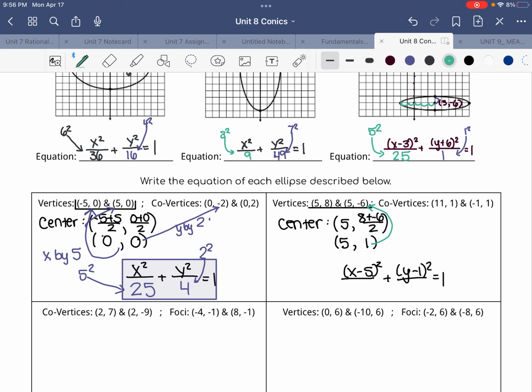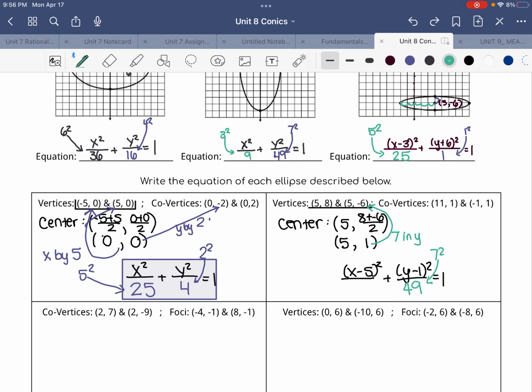That's a difference of 7 in the y direction. So 7 squared goes underneath y. Pay attention to which number is changing. It doesn't help you to go, oh hey, 5 to 5 is 0, because you can't use 0.